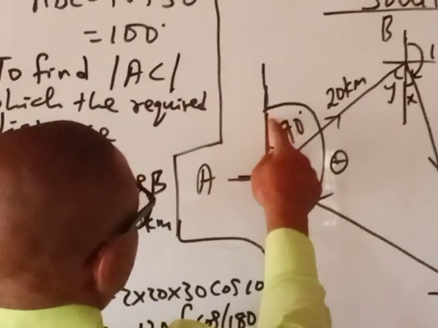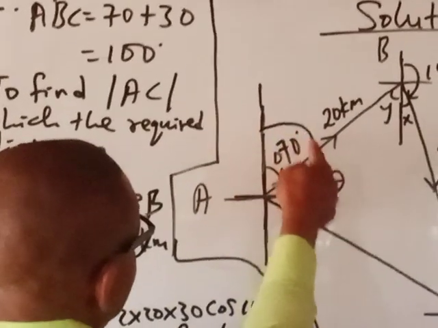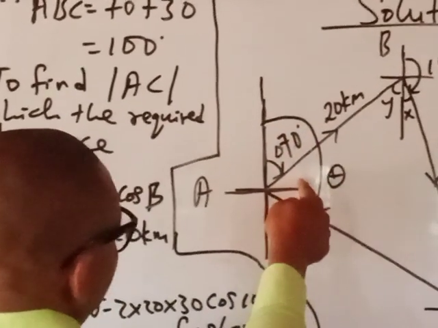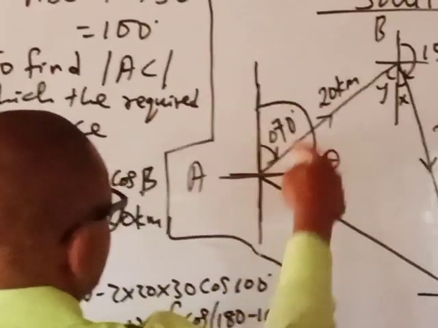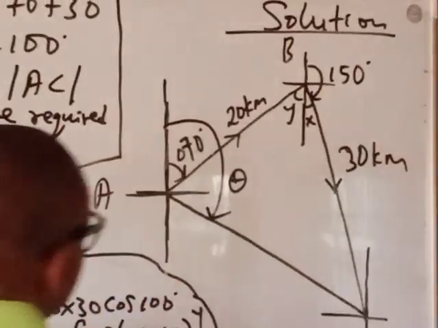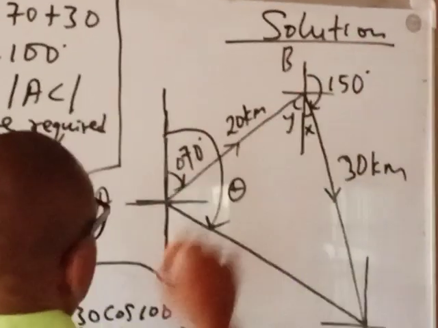So 70 is greater than 45, so the space here will be greater than the space here, showing that 70 degrees is greater than half between the cardinal north and the cardinal east. Then we now draw the distance.